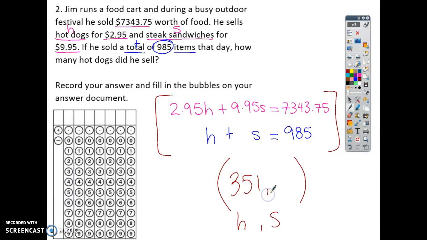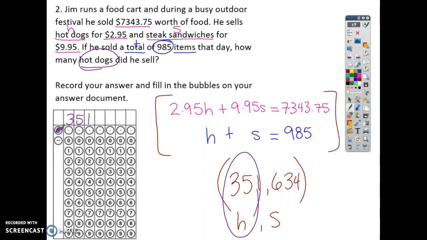Write it down. 351, comma, 634. What is the question asking? How many hot dogs? So we're looking at the hot dogs, and I had put H's first, so the first number is the hot dogs, so we would put 351 here, positive, and bubble the numbers.